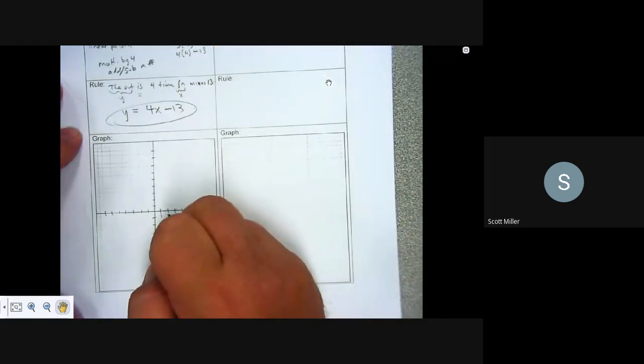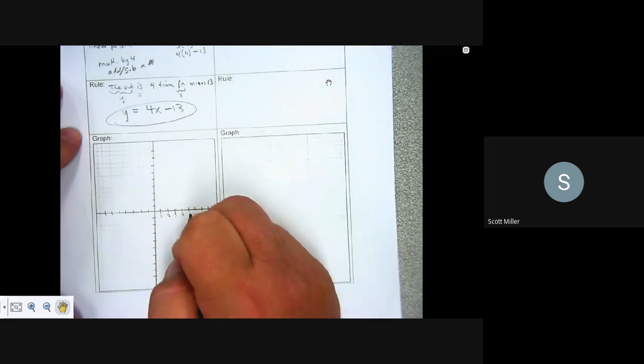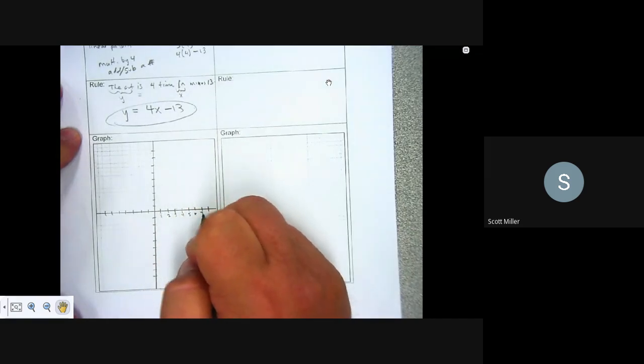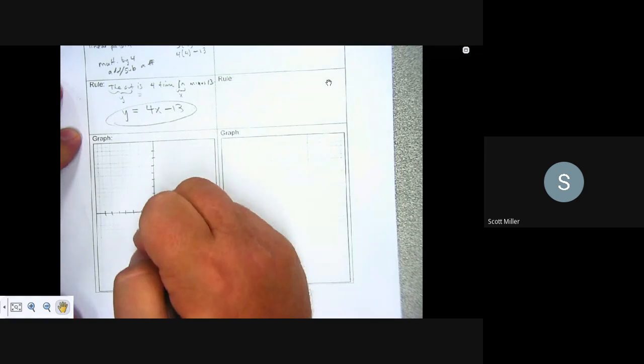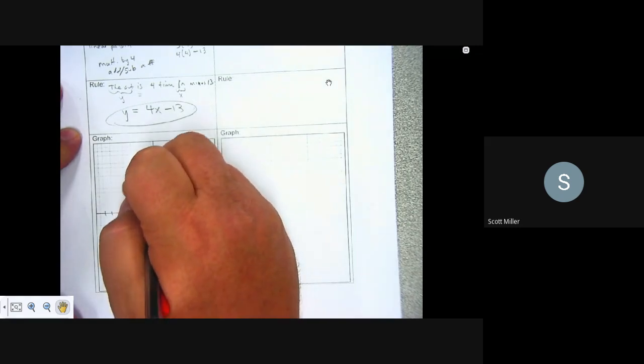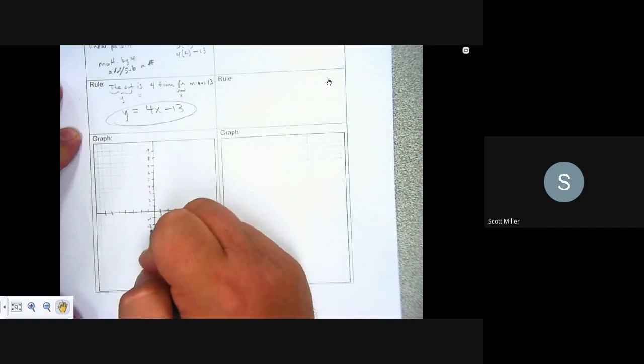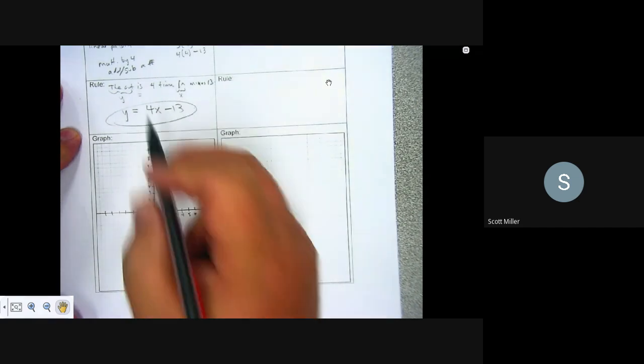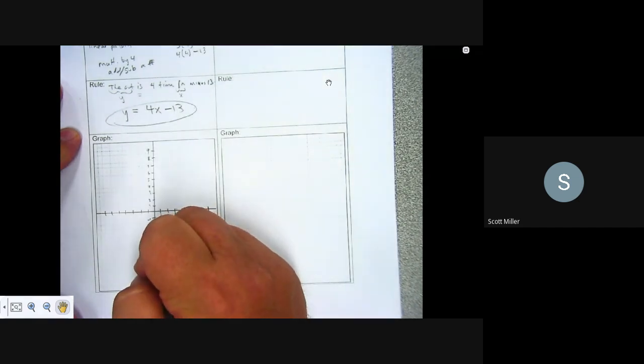This is 1, 2. When you draw a graph, you want to label your axes so we know what these numbers are. I needed to go up to at least -9, so I needed to put that in there.